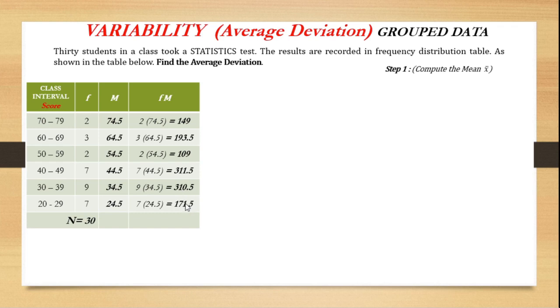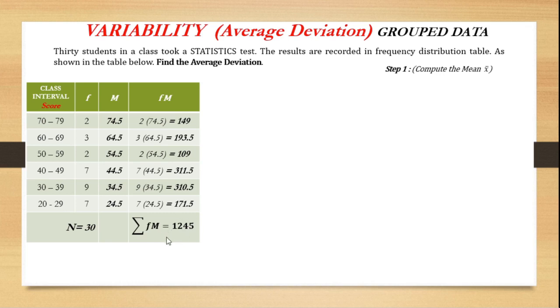Since we already have the column of the FM, all we need to do is to sum up all of these results. If we sum up all of this, that gives us the summation of the FM, which is equal to 1,245.